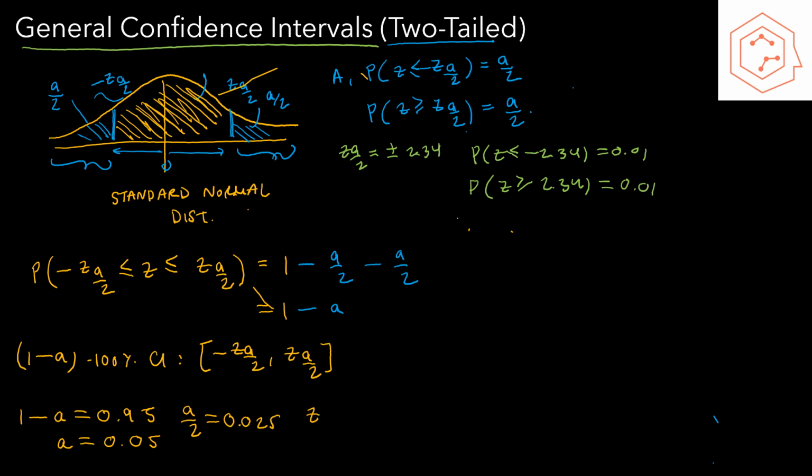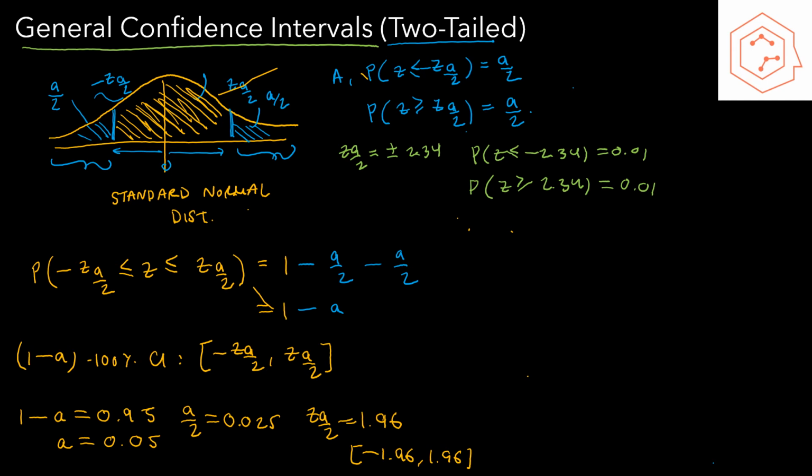And that means that zα/2, the z value that has an area of 0.025 below it and above it, well, that's simply 1.96. And so the interval, in terms of z-scores, the interval that contains 95% of all data points would be negative 1.96 all the way to positive 1.96.